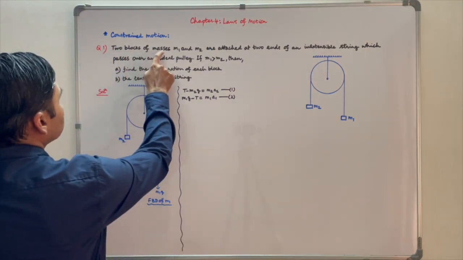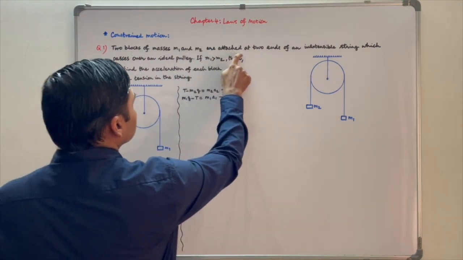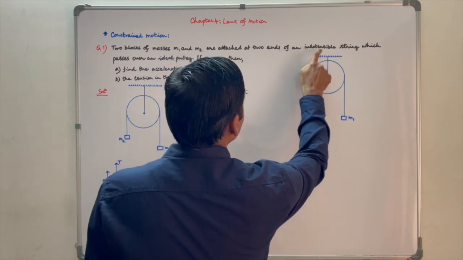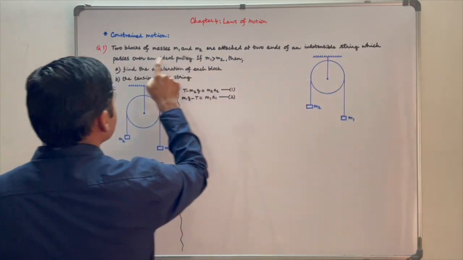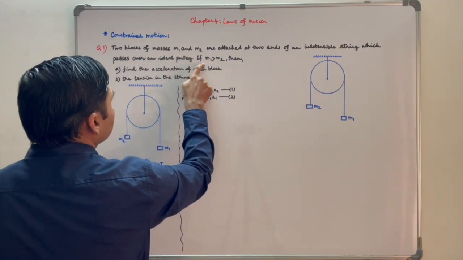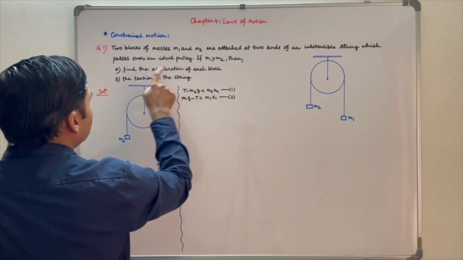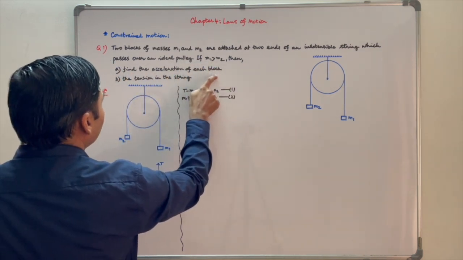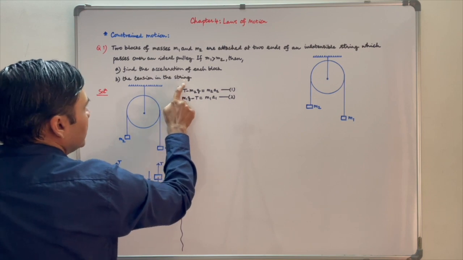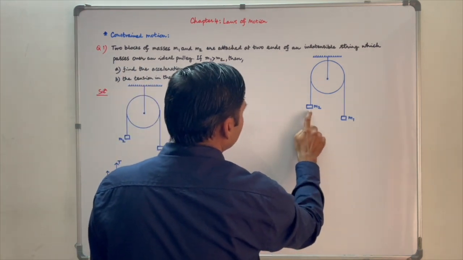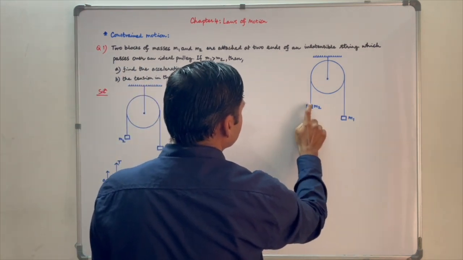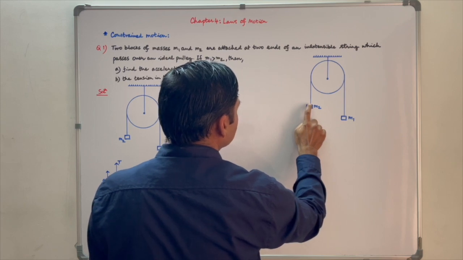Two blocks of masses m1 and m2 are attached at two ends of an inextensible string which passes over an ideal pulley. If m1 is greater than m2, then find the acceleration of each block, the tension in the string. Two blocks m1 and m2 are attached to two ends of a string which is light and inextensible.